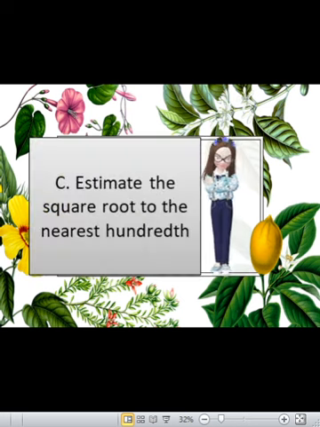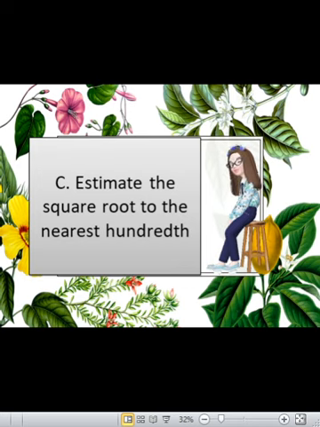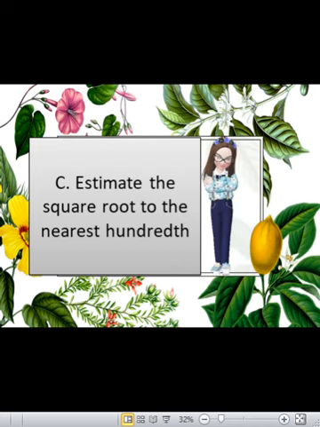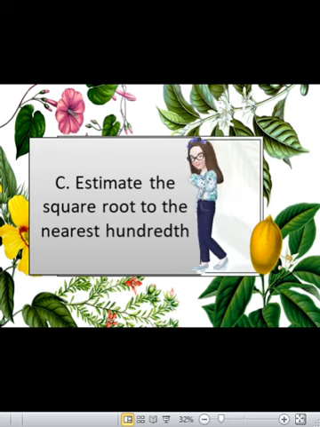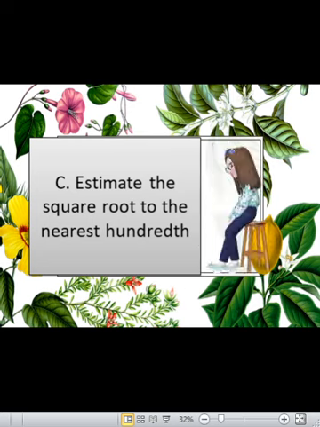Next, task 2C. Again, it is on the module, page 27. Estimate the square root to the nearest hundredth. This is like the last example that I showed you.